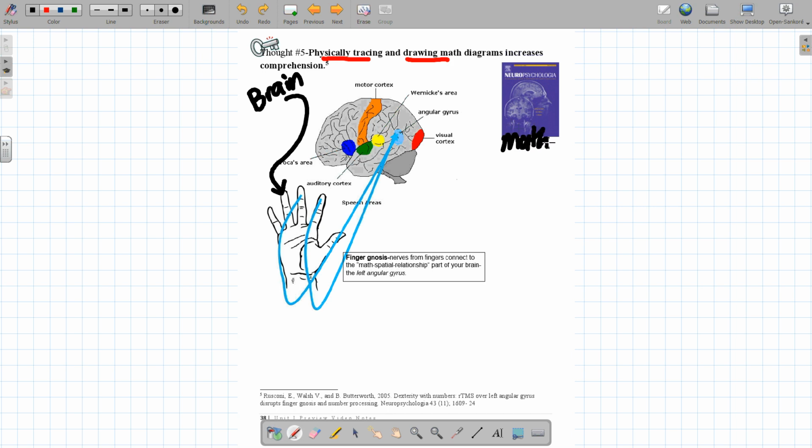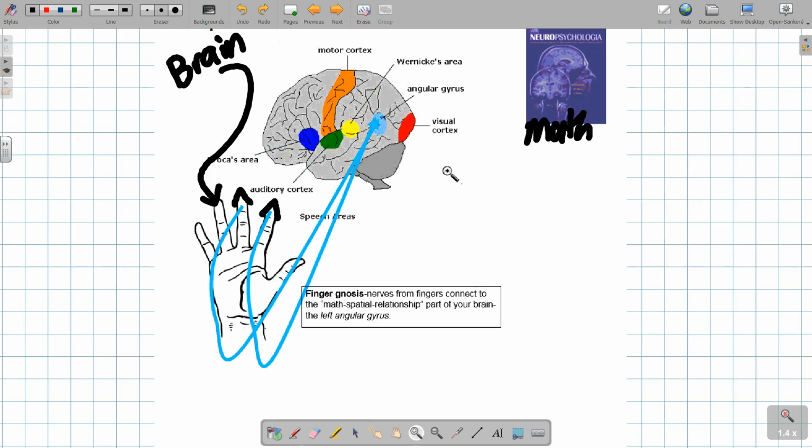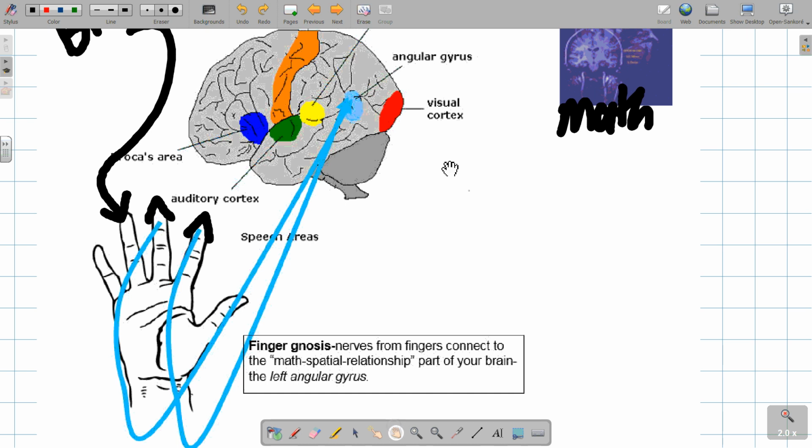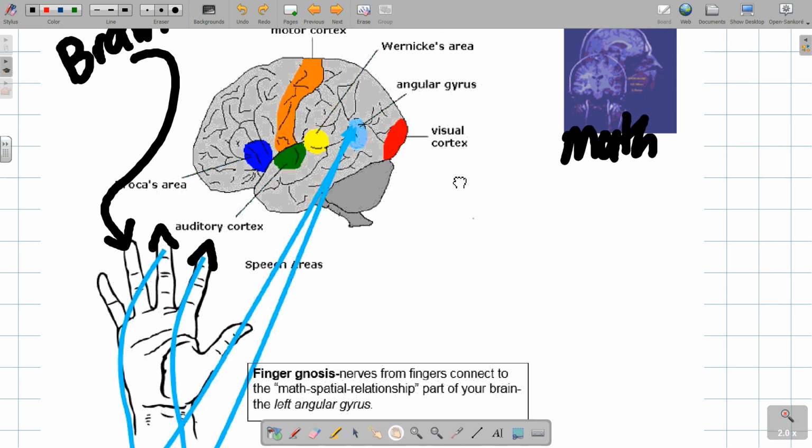Let me get in here so that you can look this up. Again, if this sounds very technical, you and your parents can look it up. There's a part of your brain that's called the left angular gyrus. And this part of your brain perceives spatial, mathematical relationships.